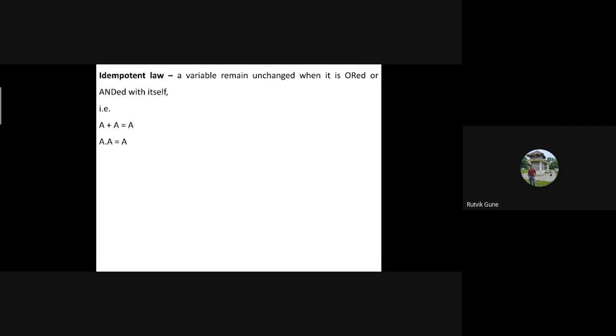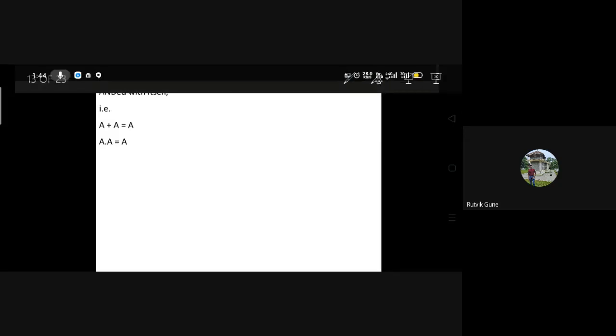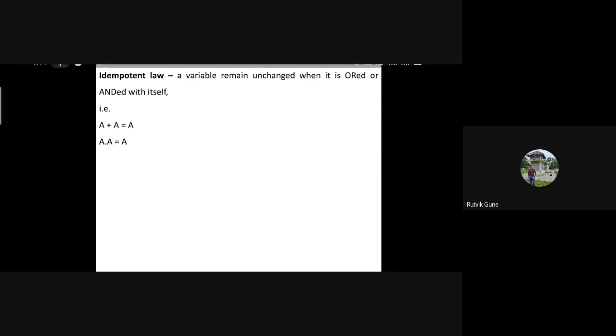So what the idempotent law says is a variable remains unchanged when it is ORed or ANDed with itself. So A ANDed with A will also be A, and A ORed with A is also A. Now is this understood?